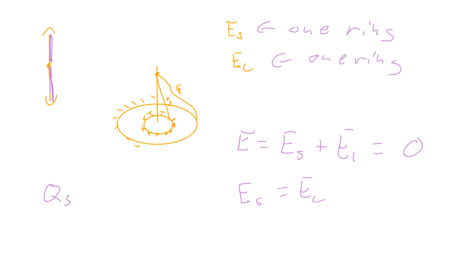We want the larger ring QL, right? So we have QS, we have D, and we have RS and RL. Your answer should only have these variables in it. So QL will be a function of these variables, and that's it.